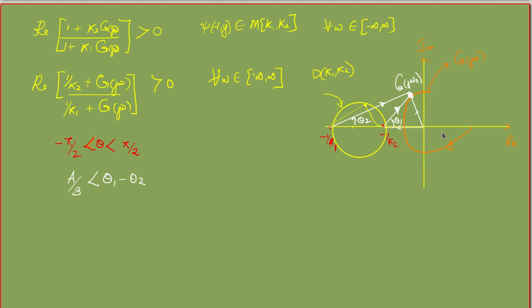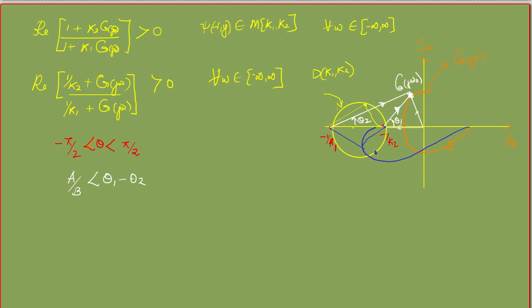And if I have a G(jω) inside this circle, then this function would cause the angle to be greater than 90 degrees, because if I try to take an angle here, this point and this point, taken from the positive real axis, this would be theta 1 and this would be theta 2. So theta 1 minus theta 2 would not lie within this. It would be greater than 90 degree, plus or minus 90 degree.